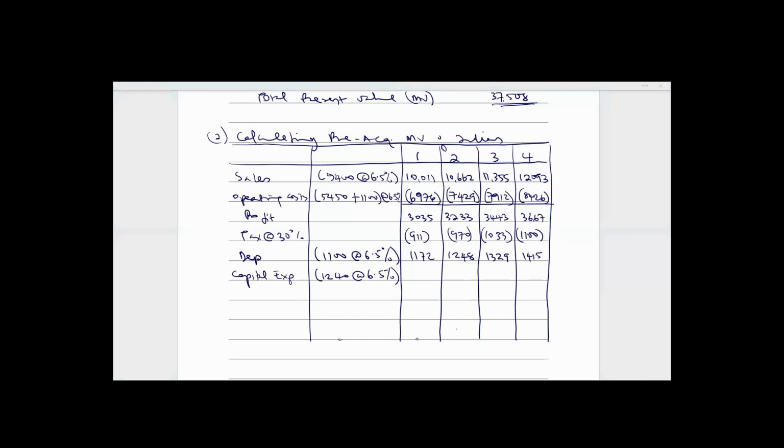So what do you have? 1240 multiplied by 1.065, 1321, multiplied by 1.065 equals 1406. Multiplied by 1.065, 1498. Multiplied by 1.065, 1595.